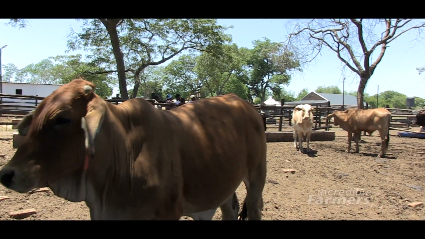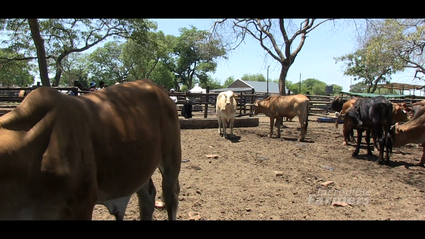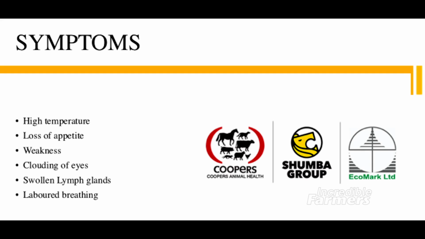So in summary, this is a summary of the clinical signs. Number one, there is high temperature, which is caused by this infection. Then two, we also have difficulty in breathing, which is caused by fluid accumulation in the lungs. So the animals will be having labored breathing. Then three, we've got a massive swelling of the lymph nodes.